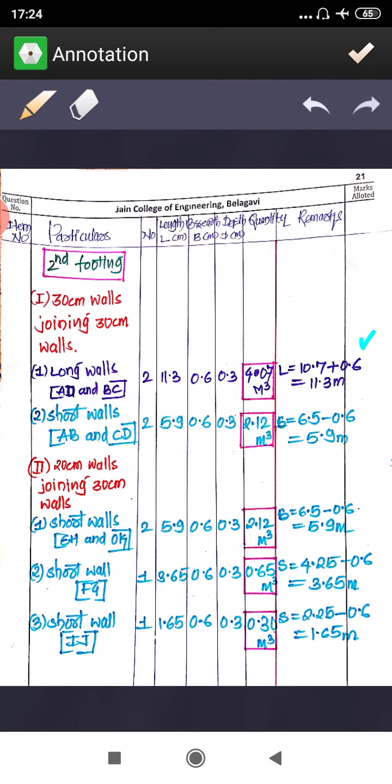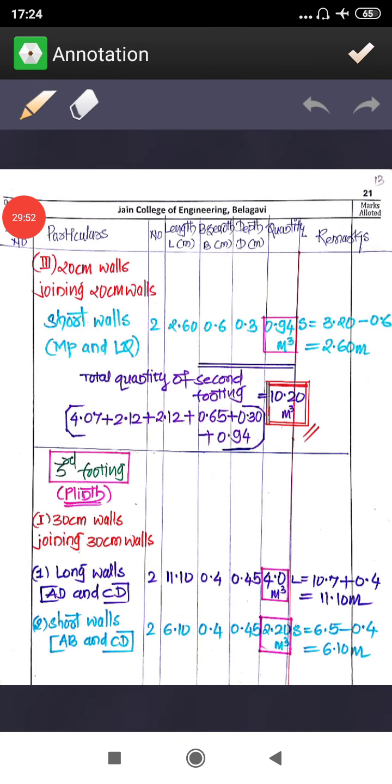So the quantities are 4.07, 2.12, 2.12, 0.65, and 0.30. Now altogether you have a quantity of 10.20 meter cube.